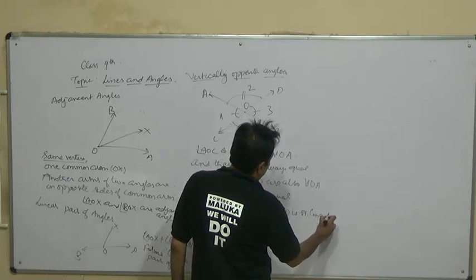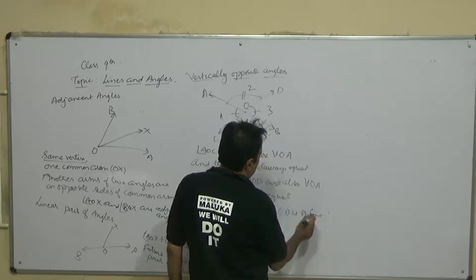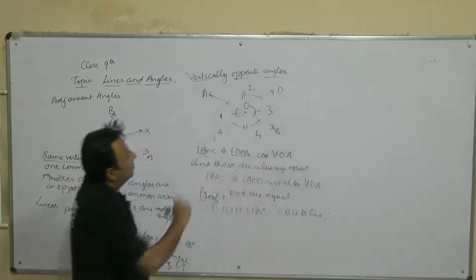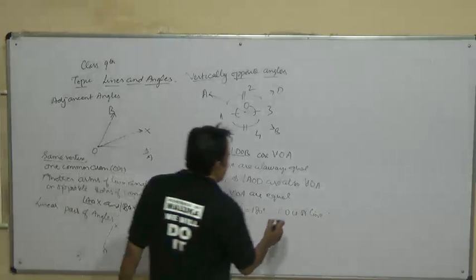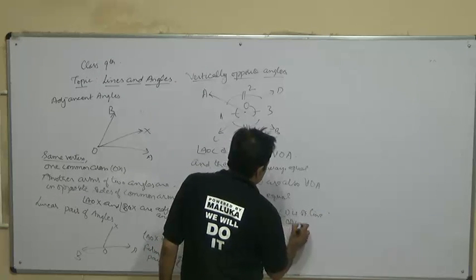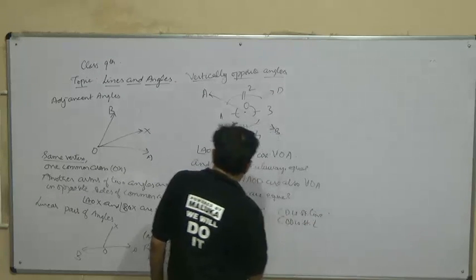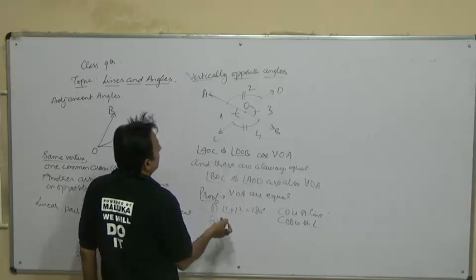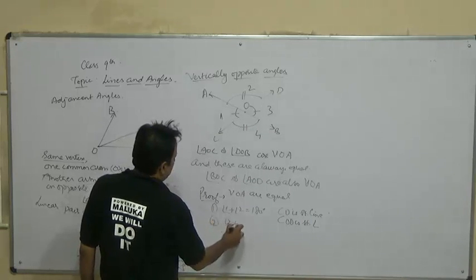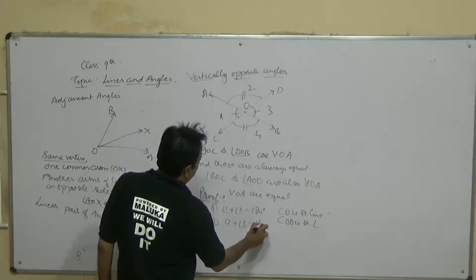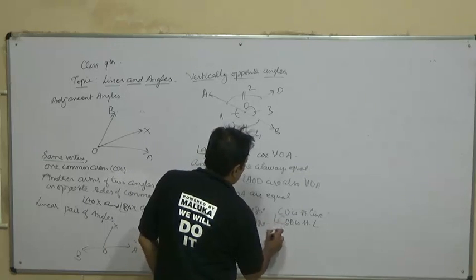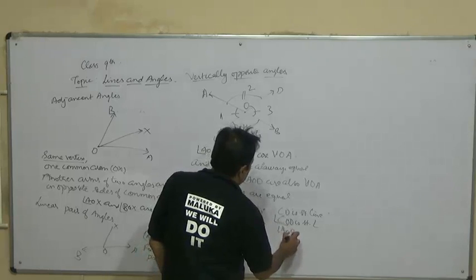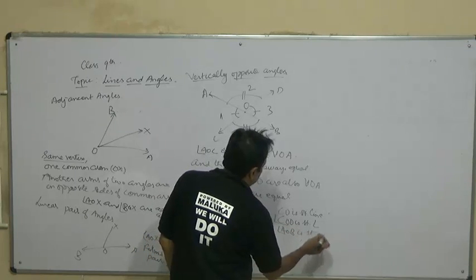So if this is a straight line, the angle formed on it will be a straight angle, and we can say COD is a straight angle. Then second, angle 2 plus angle 3 is again 180 degrees. Why? Because AOB is a straight angle.